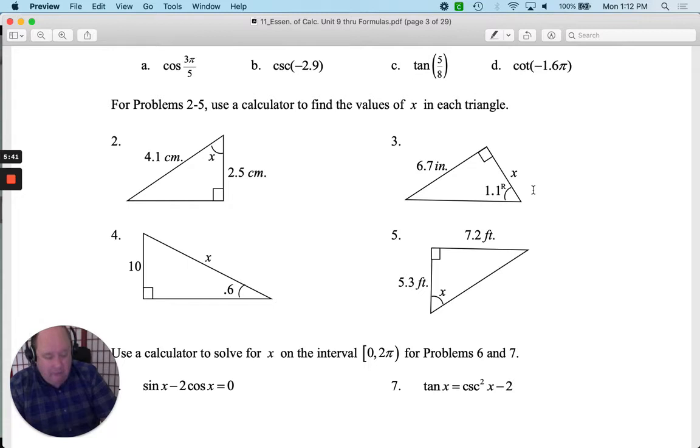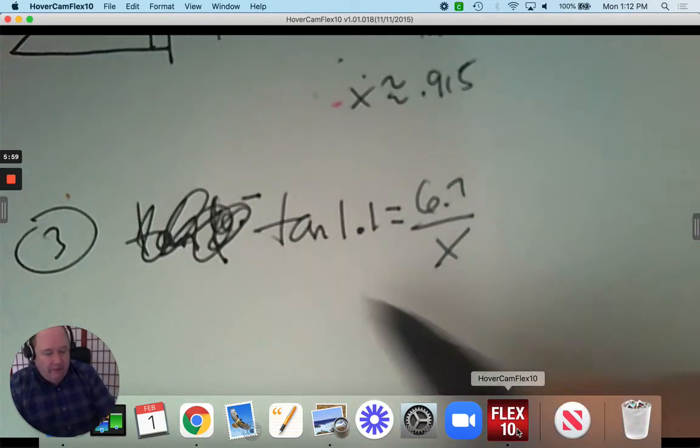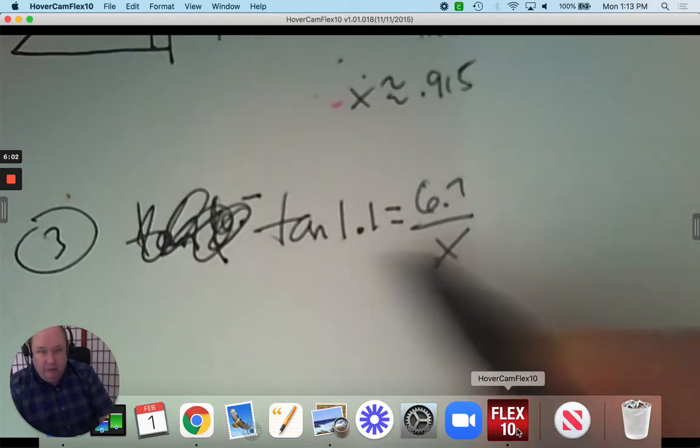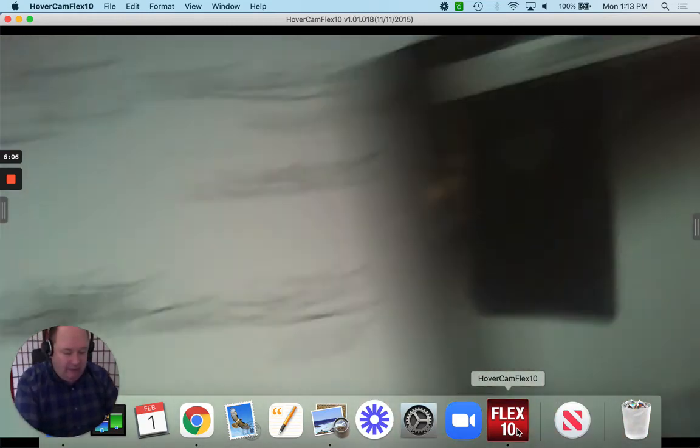So tangent of 1.1, which is in radians, is equal to 6.7 over x. So with that triangle, tangent is opposite over adjacent. And then we're going to use our calculator to solve this.